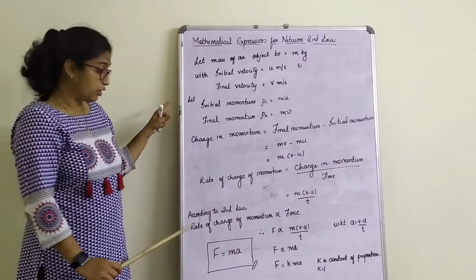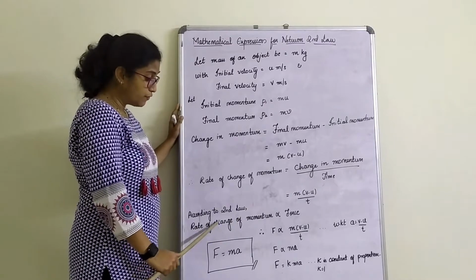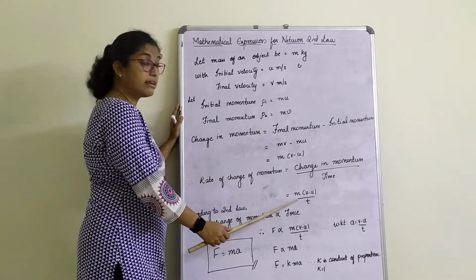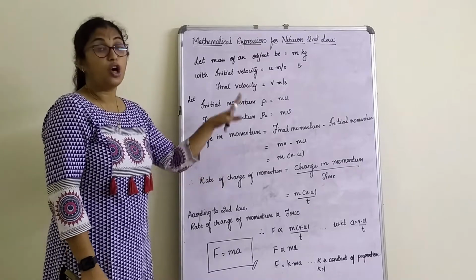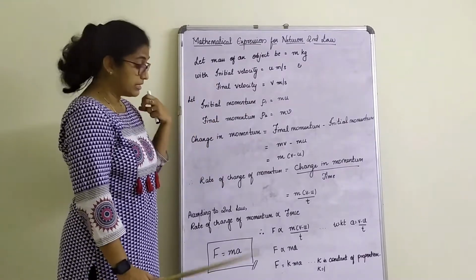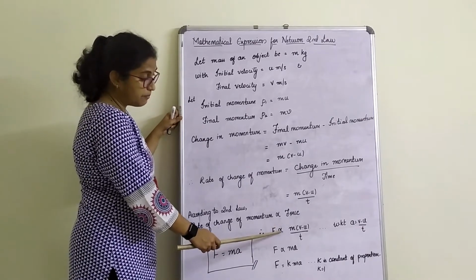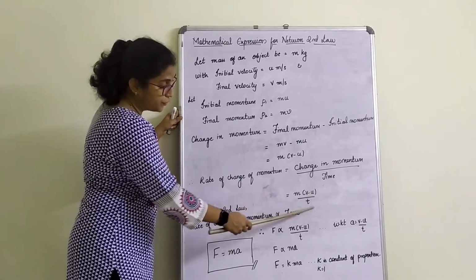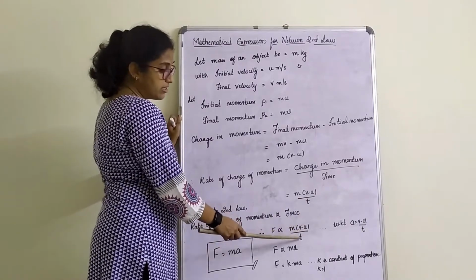According to the second law, we know that rate of change of momentum is directly proportional to force. Yes, that was the statement of the second law. So I'll write here, force is directly proportional to the rate of change of momentum. What is (v minus u) by t?